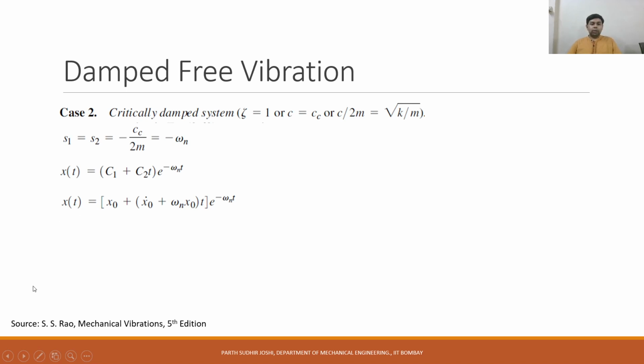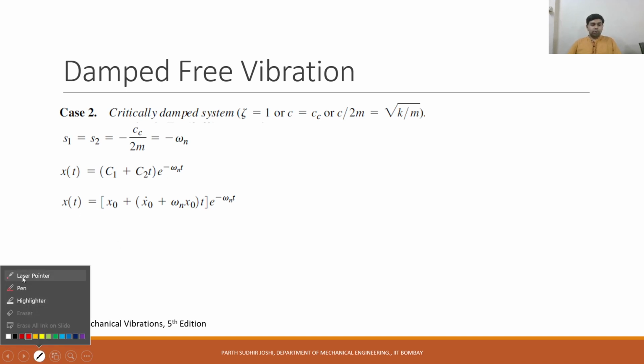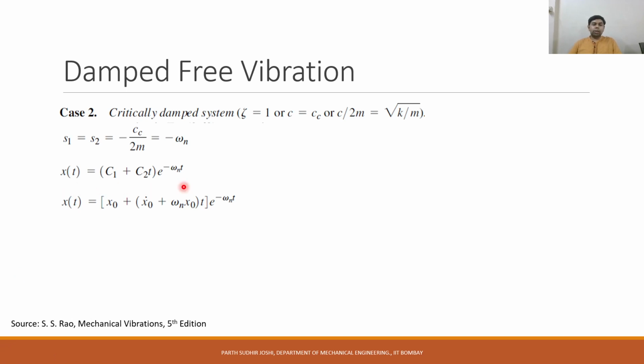So this is the nature of the resultant displacement in case of critically damped systems. Again, we get two unknown constants C1 and C2, which we can calculate from the initial conditions. In this case, we do not see any oscillations. The displacement will go to a maximum value and then go on decaying.